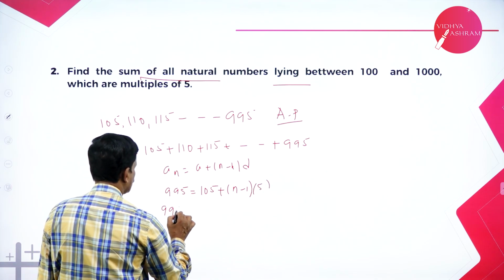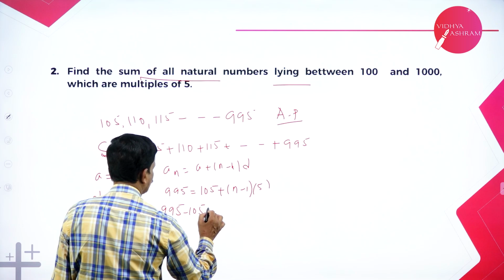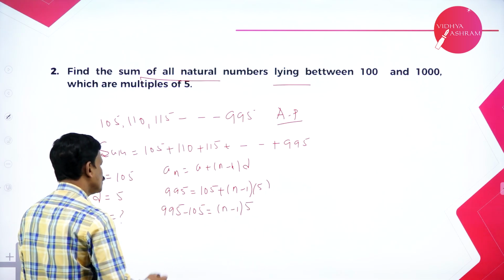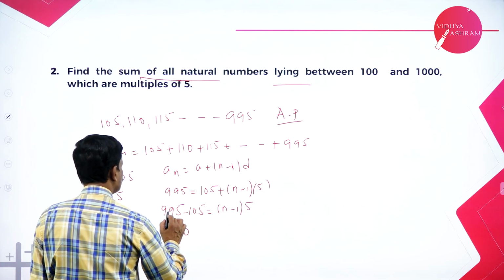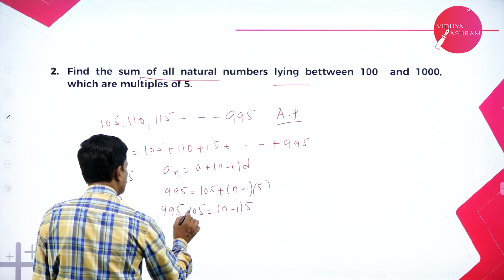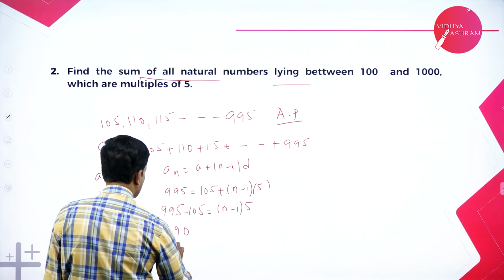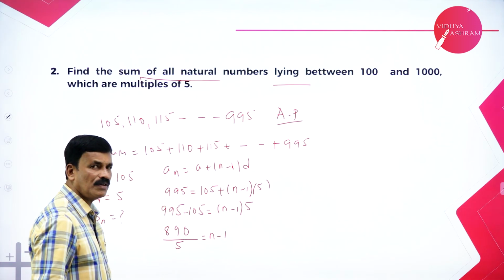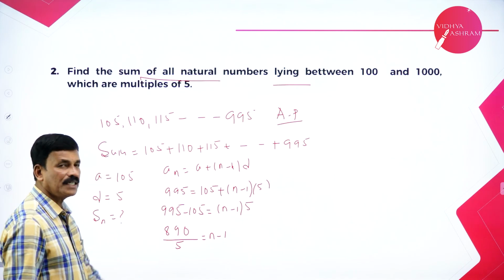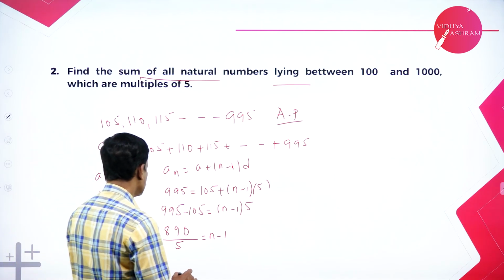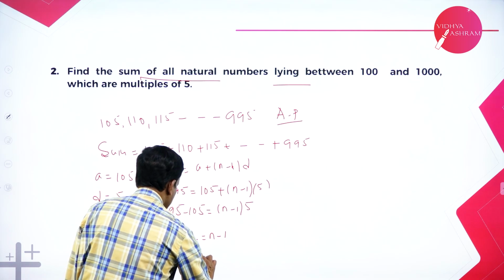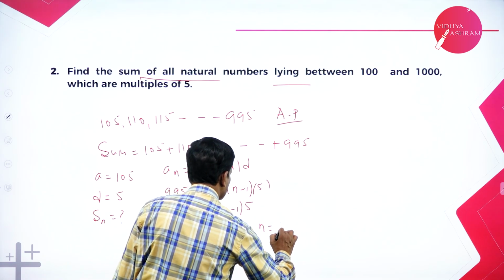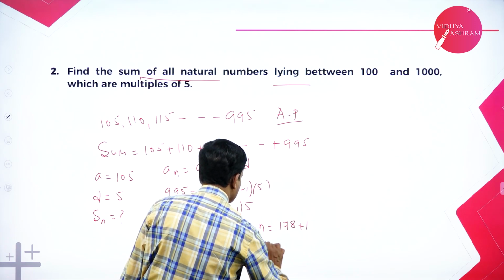Transfer this. 995 minus 105 is equal to n minus 1 into 5. 995 minus 105 is 890. 890 divided by 5 is equal to n minus 1. 890 by 5 is equal to 178. 178 is equal to n minus 1. Therefore n is equal to 178 plus 1.